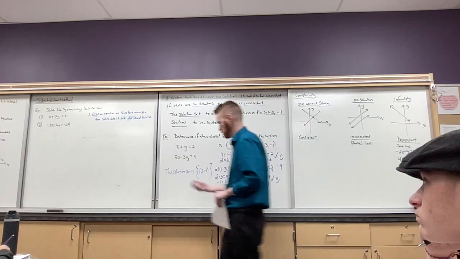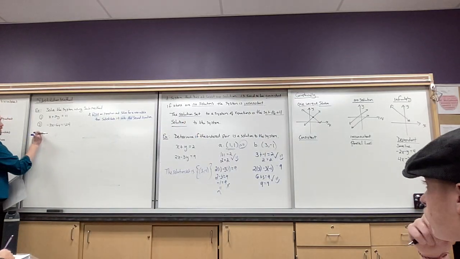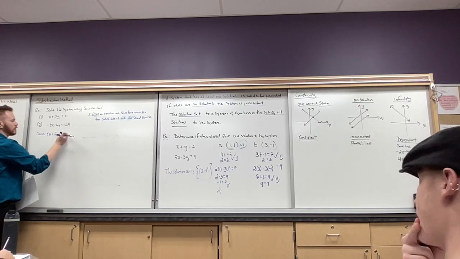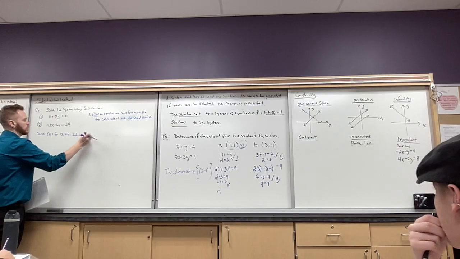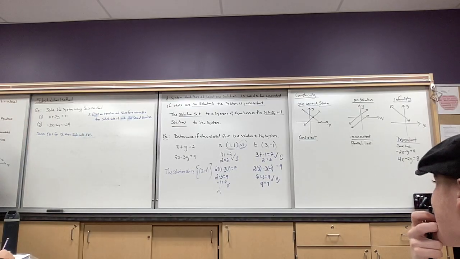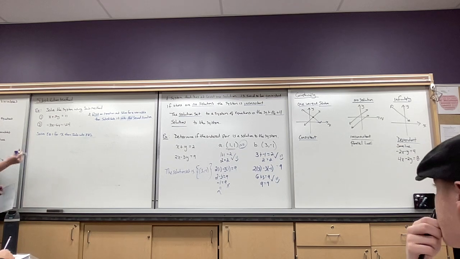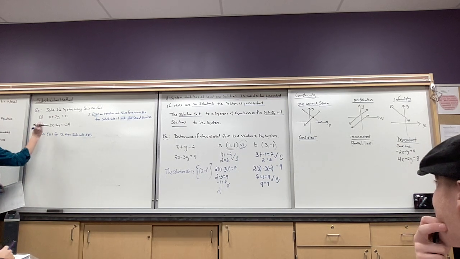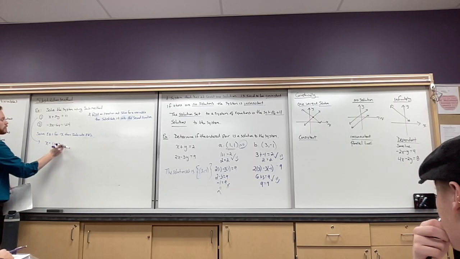I'm going to solve equation 1 for x, then sub into equation 2. Now, do you have to write yourself notes? Not necessarily. This just helps me, because if I make an error, it's easy to figure out where I made my error. So equation 1 is now going to be x equals 11 minus 5y.